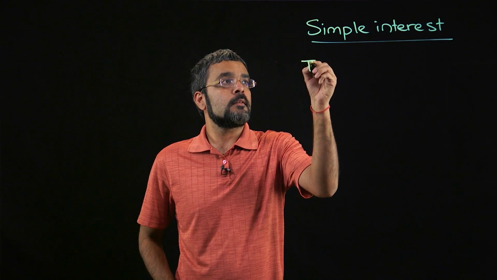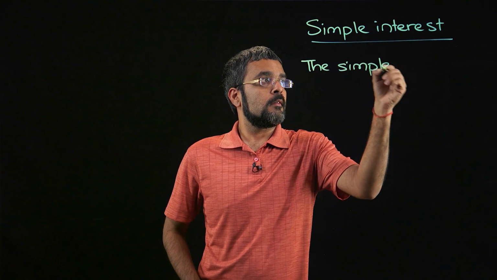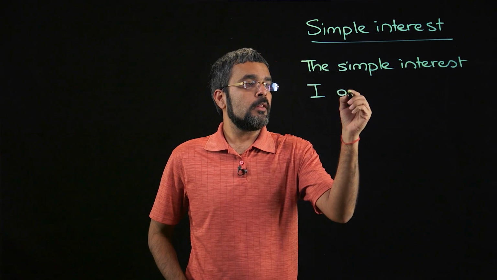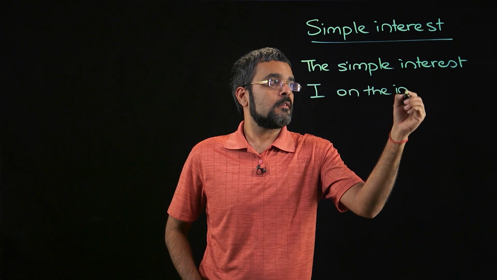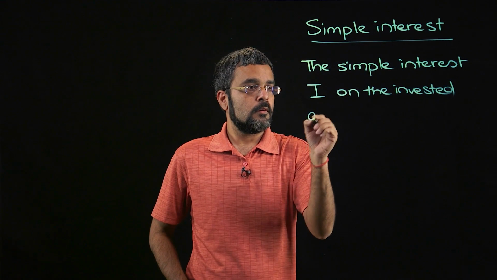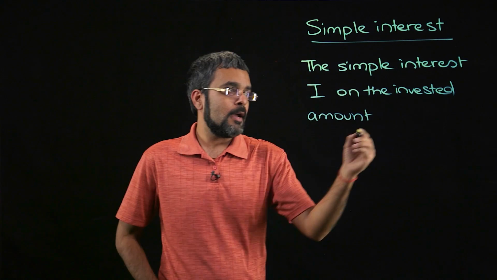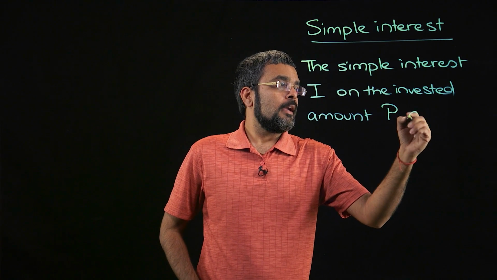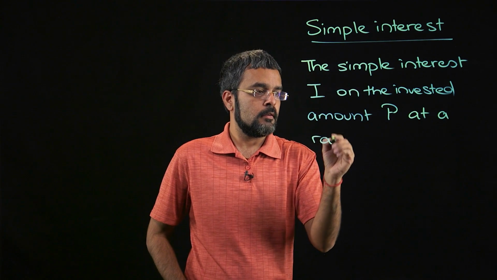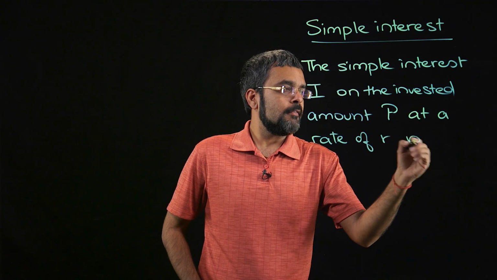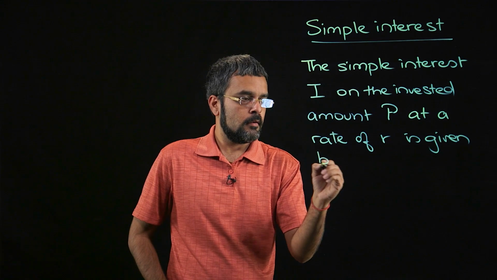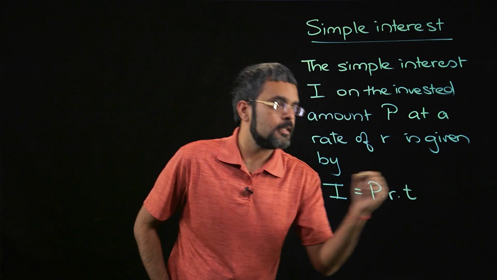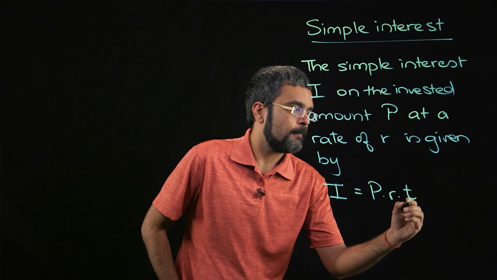So the simple interest, we denote that by I, okay, on the invested amount, and we denote that by P, capital P, we call that the principal, okay, at a rate of R is given by I, which is your interest, is equal to P times R times T. Okay, and this is for T years.